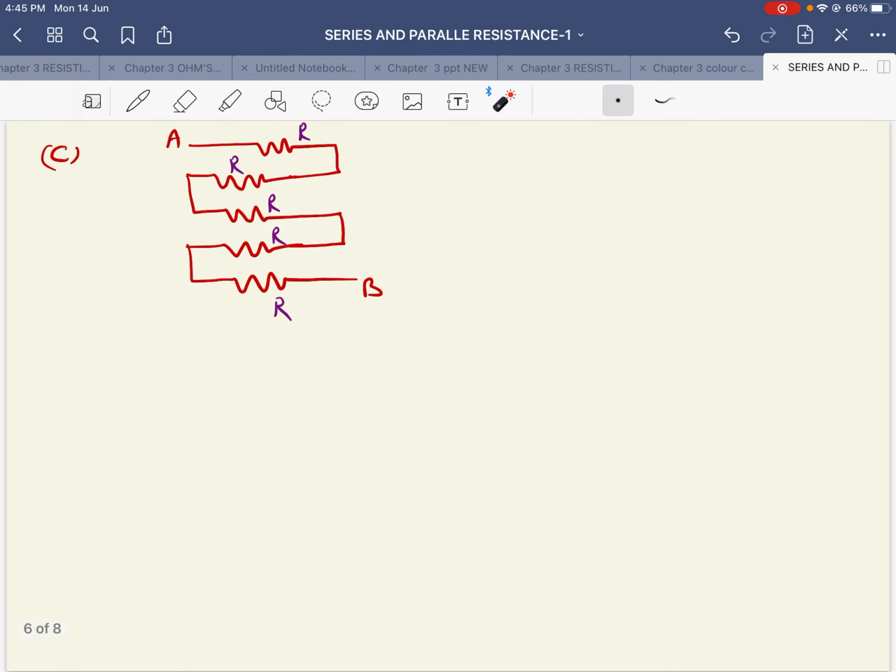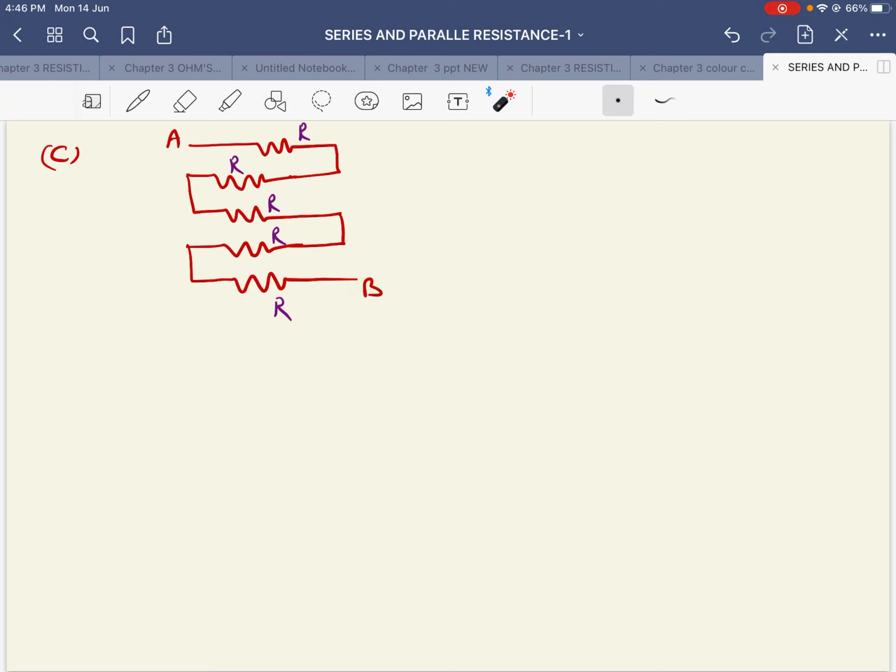Next, this is a combination of resistors having the same value of resistance, and we have to find the total resistance of this combination. It is clear that these resistances are connected one after another, so these are connected in series.